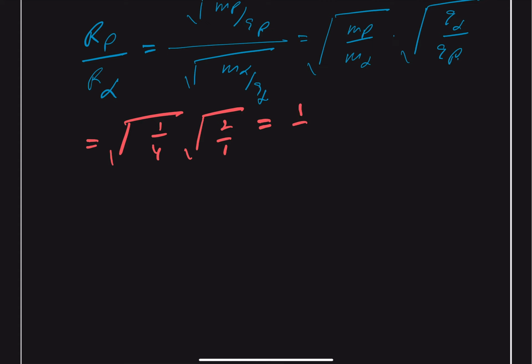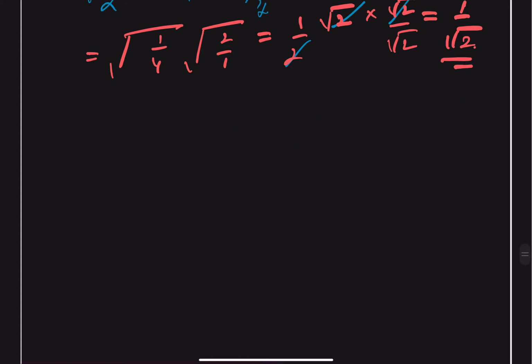So this will be 1 by 2 square root of 2, and we can rationalize it, this cancels out, giving us 1 upon square root of 2. So the ratio of Rp upon R alpha is equal to 1 upon square root of 2.